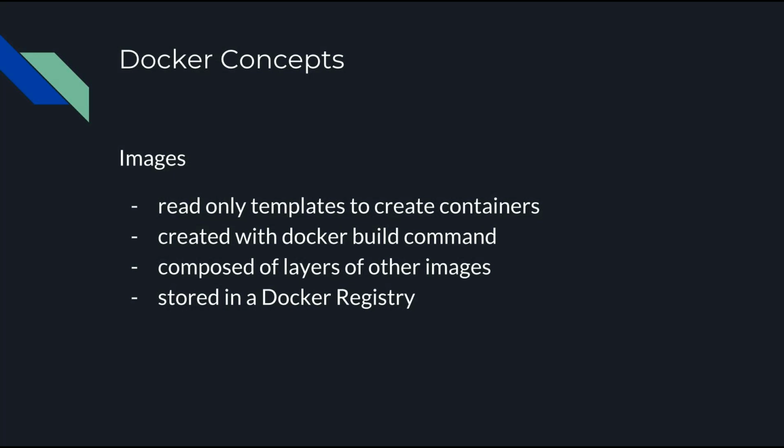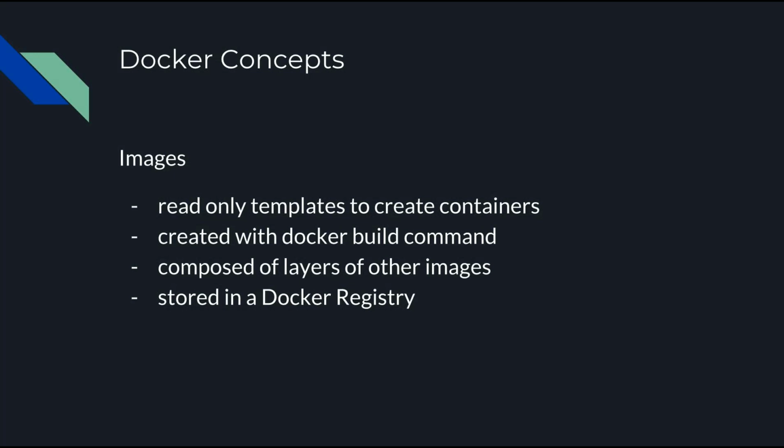And then you can create images using Docker build. Or sometimes you can create a container, make changes to that container, and then commit those changes. That way, you're writing on top of the image that the container was built on, and when you commit those changes, you're creating another image. An image is always composed of layers of images.